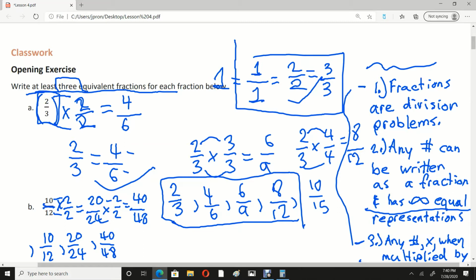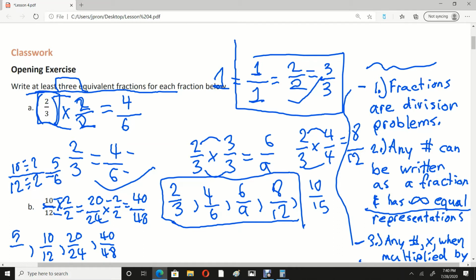So in this case, 10 and 12 are both divisible by 2. So we can divide 10 by 2 and 12 by 2, and we get an equivalent fraction. 10 divided by 2 is 5, over 12 divided by 2, which is 6.